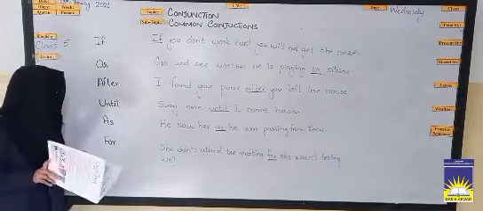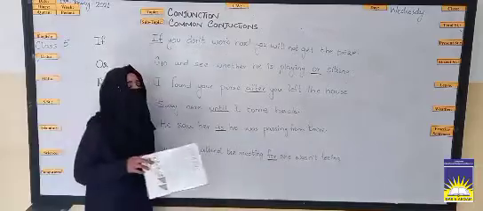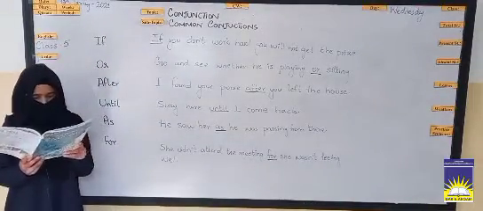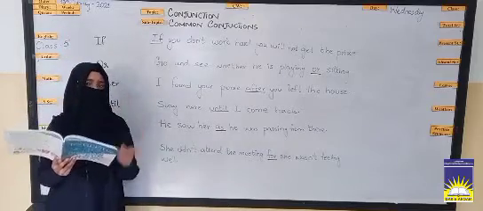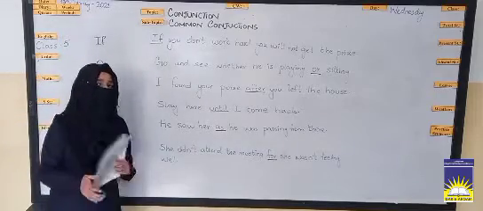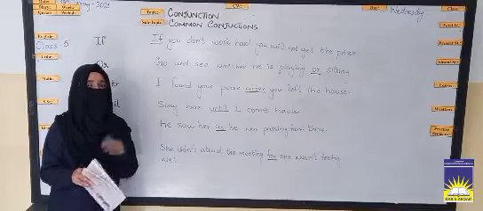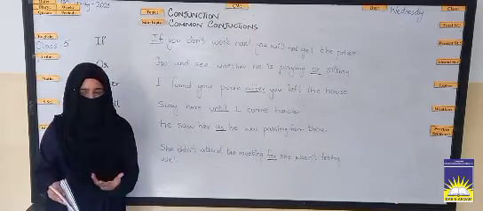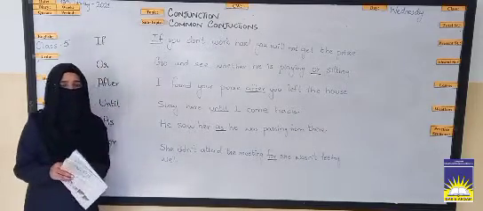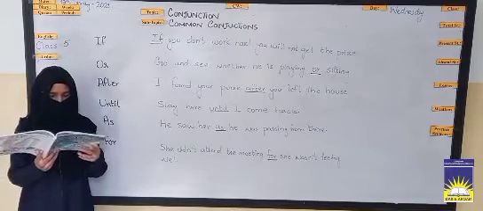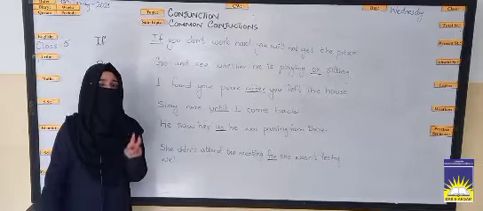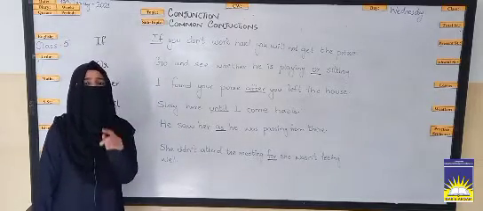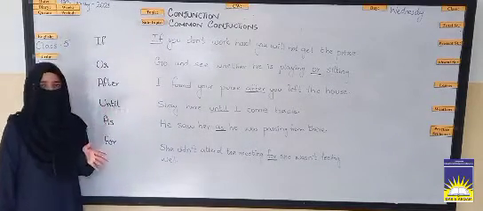Okay, fifth one is as. Now what is the function? Used in comparison or used in the place of while. While is also a conjunction, so sometimes we use as for the word while. First, you need to understand when to use as when we are doing comparison. So when we are doing comparison between two things or anyone, we use as to show that.